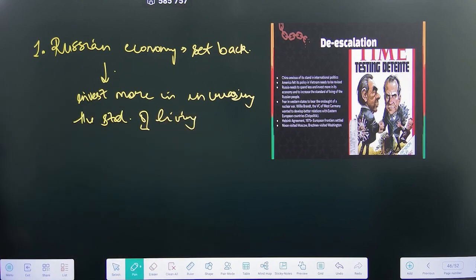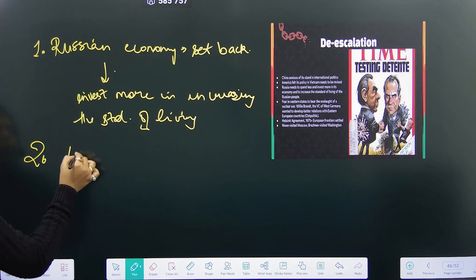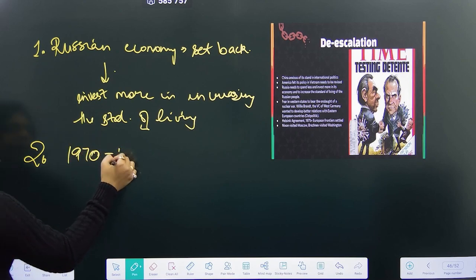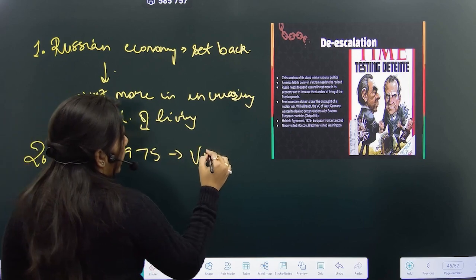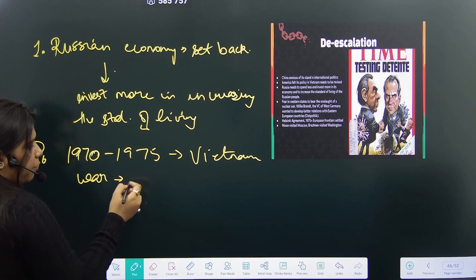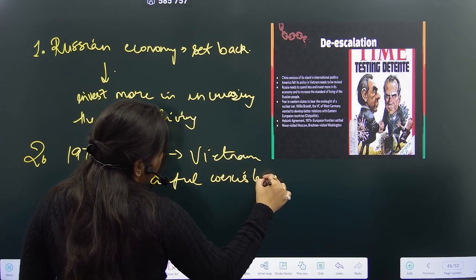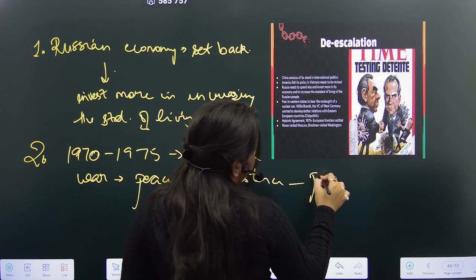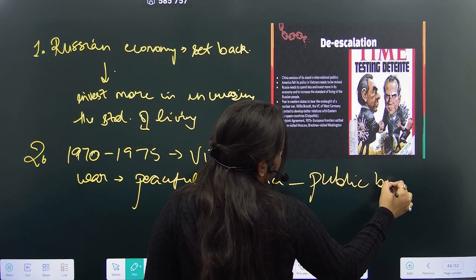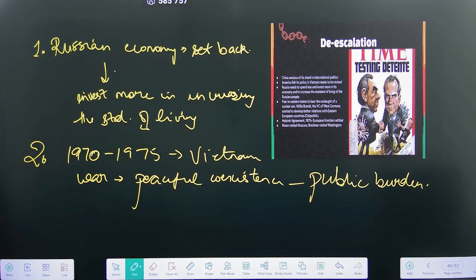This is what Russia was looking into, that our main focus should be improving the standard of living. America had already seen a setback in 1975 in the form of the Vietnam War. America thought that we should have been focusing more on peaceful coexistence rather than what we did. And this was a major public burden, or public pressure, we could call it.